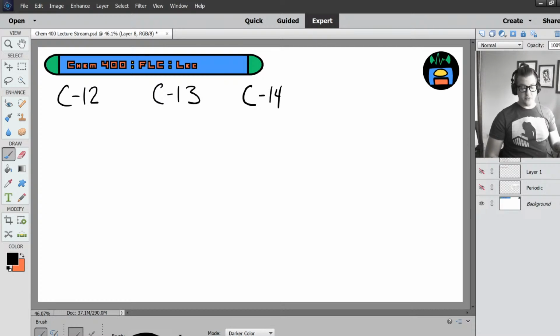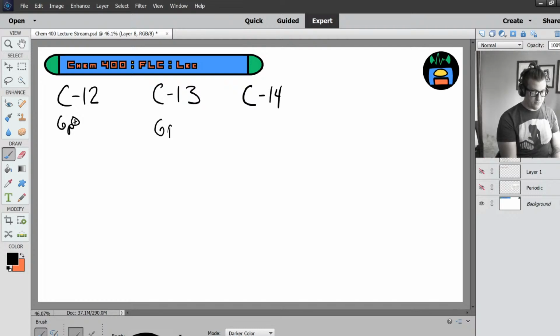If I were to ask you to figure out how many protons and neutrons are present in each isotope of carbon, well, because these are all carbons, they will all have the same proton count. There's 6 protons in every atom of carbon, and that is always true because your proton count defines your element's identity.